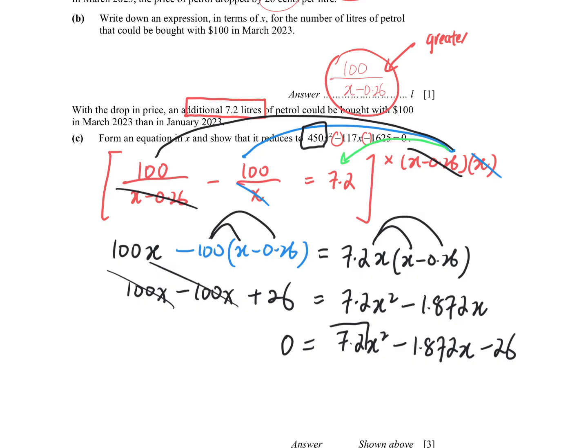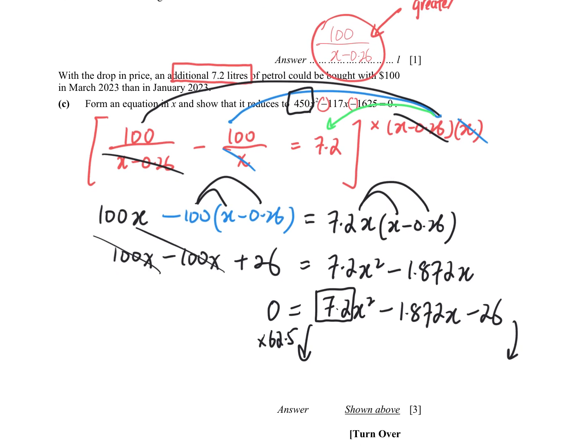What is the gap between this and this? Use 450 divided by 7.2 and realize that you can straight away multiply by what number? 62.5. So for all the numbers, multiply by 62.5, then it should arrive at this one. Doesn't matter whether the equals 0 is on the left or on the right, it's still the same thing. So, shown.